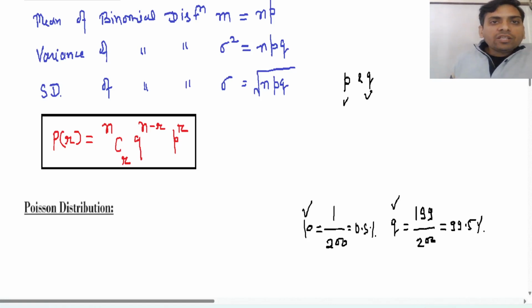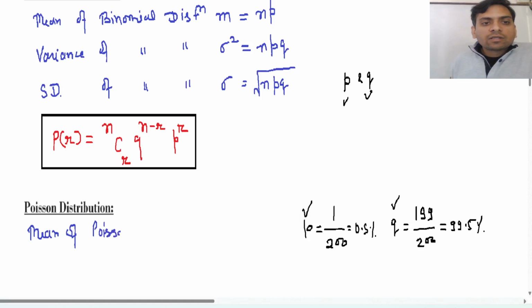Clear? And mean of Poisson distribution is denoted by M, and this is equal to NP.